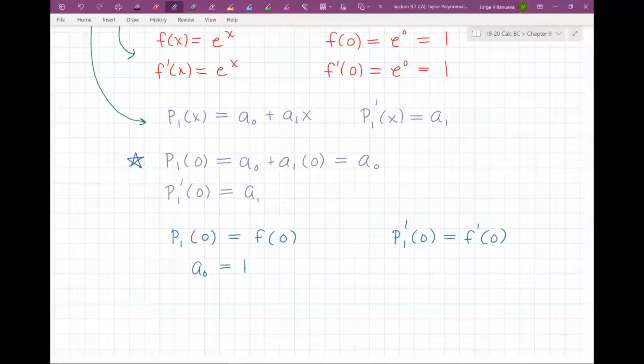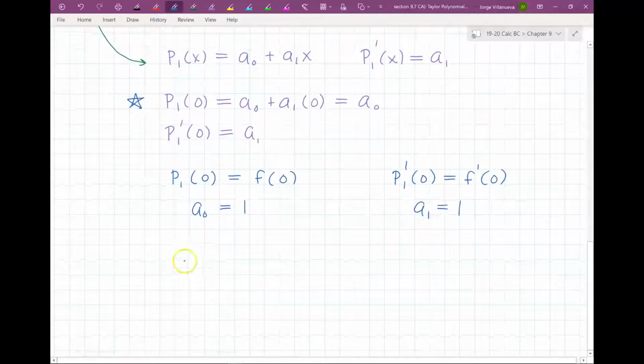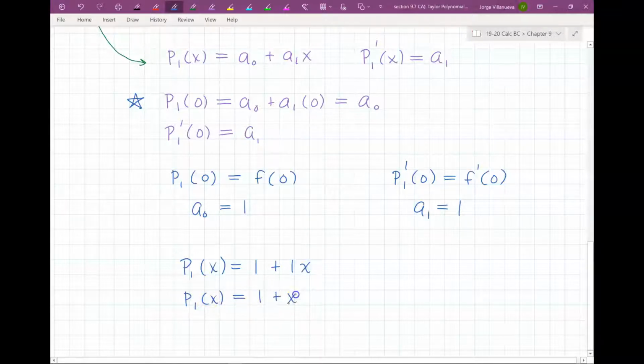Okay? Now what's p sub 1 prime of 0? A sub 1. And what's f prime of 0? 1. So now I just found out that a sub 1 is also equal to 1. So let me write out my formula. P sub 1 of x is 1 plus 1x, or P sub 1 of x is 1 plus x.